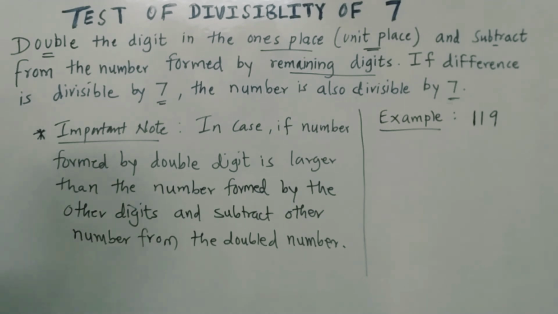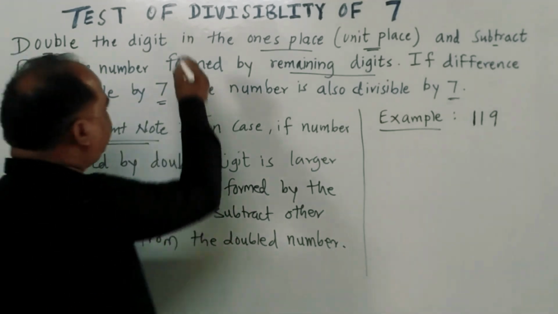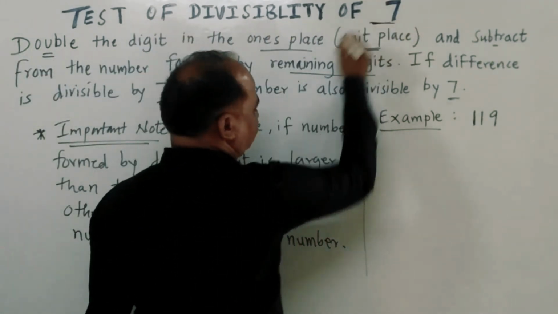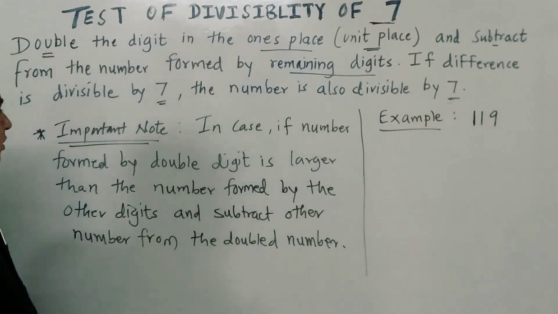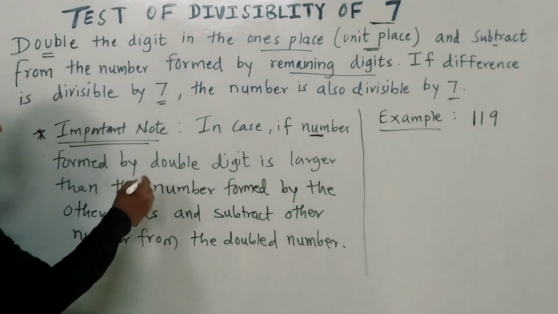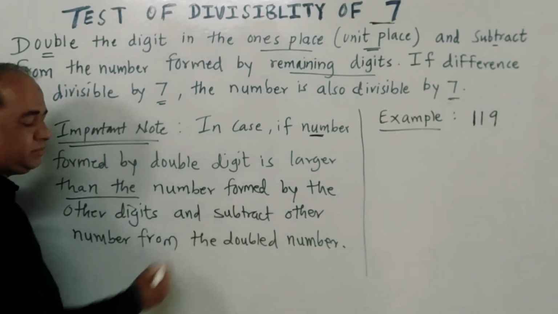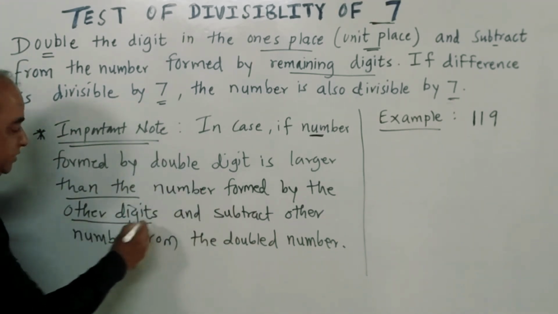Now I am going to explain one important note about the test of divisibility of 7. Sometimes the number formed by doubling the digit is larger than the number formed by the other digits.